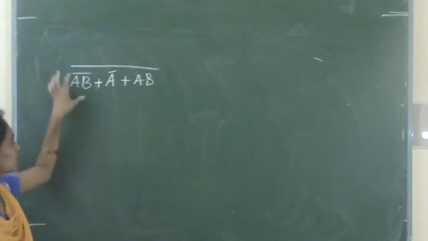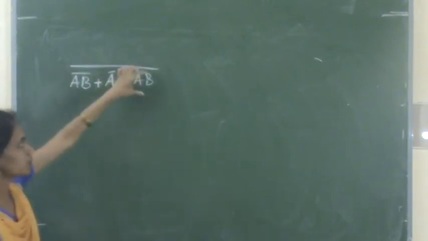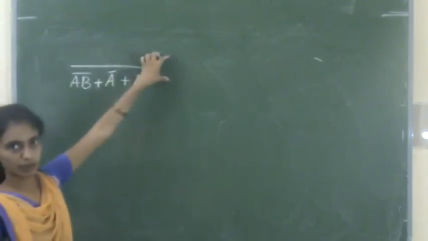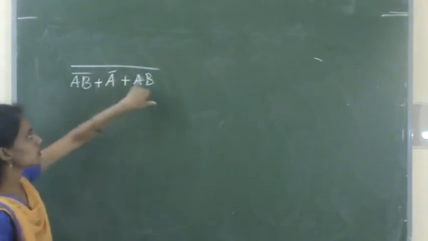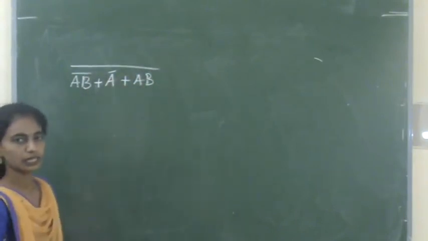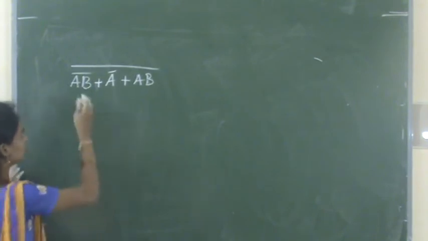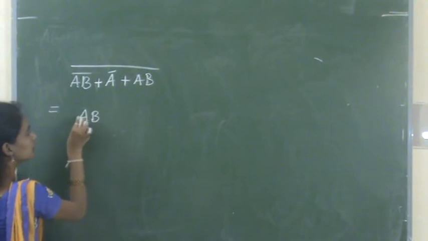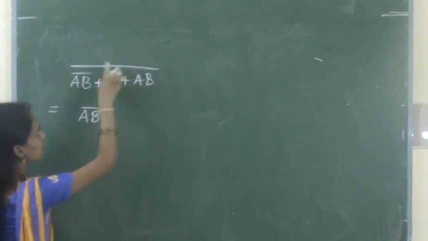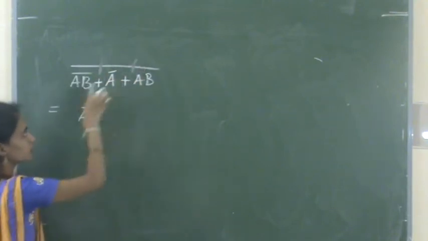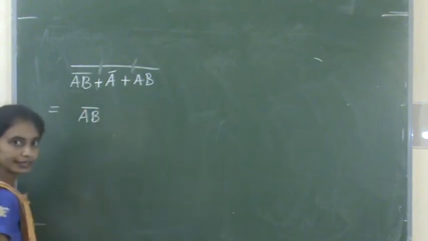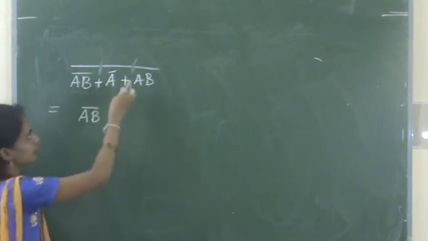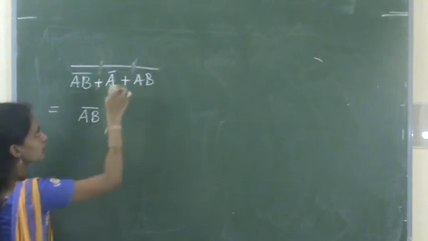The whole expression is complemented, so we need to divide that bar, right? I am dividing this bar into three parts because we have three different variables.